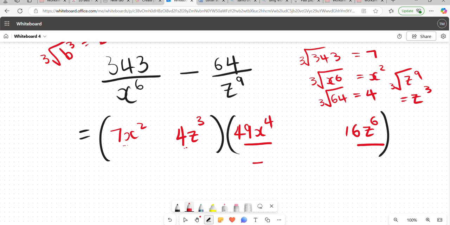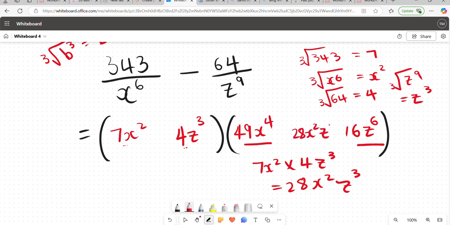The middle one is a 7x squared that is multiplying a 4z to the 3. 4 times the 7 is a 28, x squared with the z to the 3. So this is a 28x squared with a z to the 3. Now I just need to decide on my sign. This will be negative. This is positive. This is always positive.